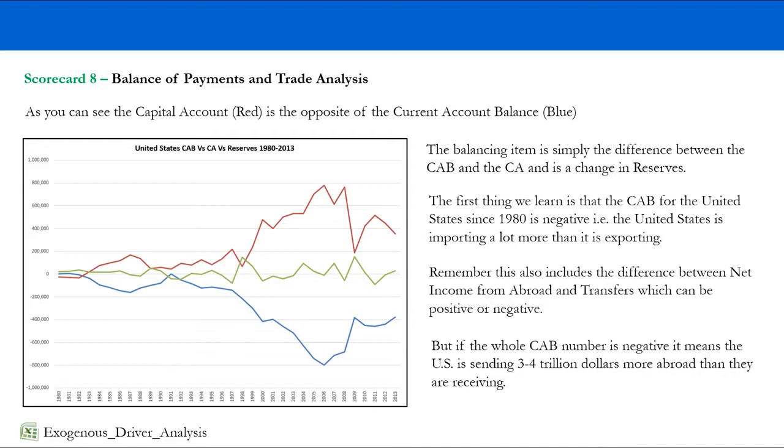But the way to view this, to keep things as simple as possible, is that if the whole current account balance is negative, it basically means the US is sending $3 to $4 trillion worth of foreign currency reserves more abroad than they are receiving in dollars back.